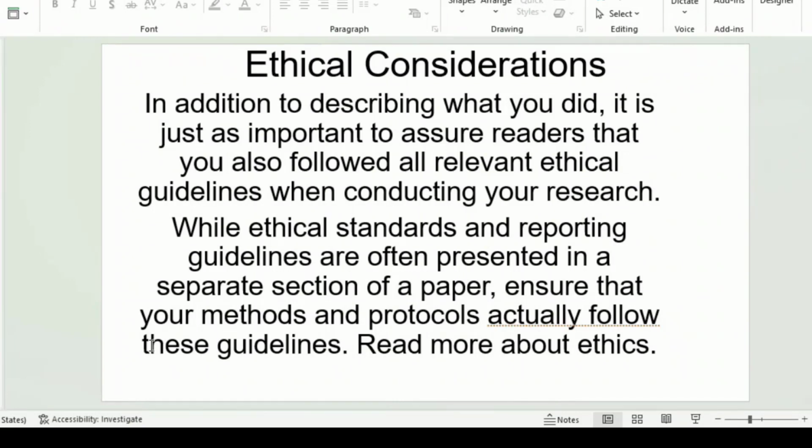In addition to describing what you did, it is just as important to assure readers that you also followed relevant ethical guidelines when conducting your research. It's supposed to be there. You've got to write your ethical consideration.